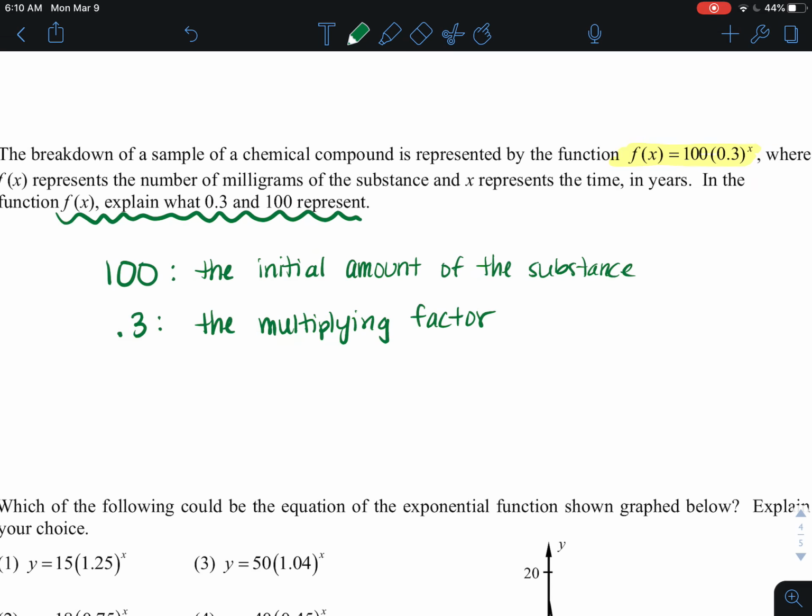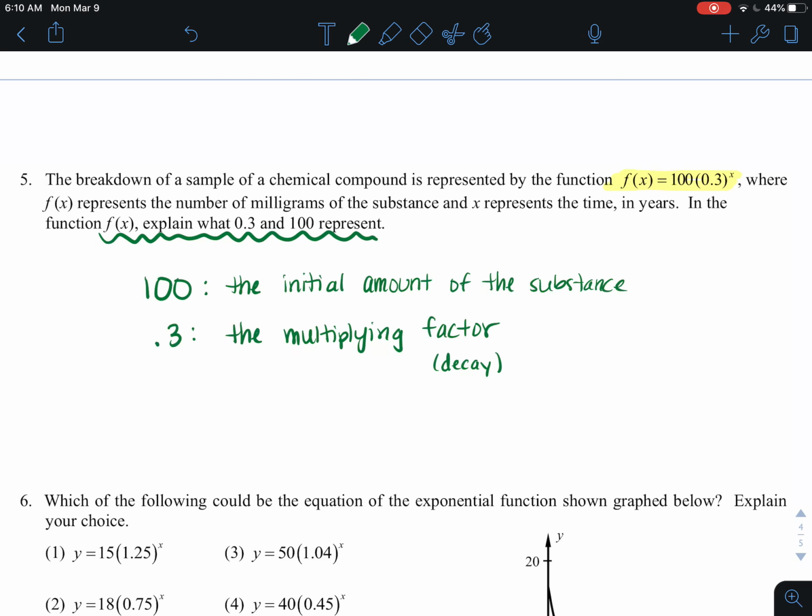And if I did ask, does this multiplying factor show growth or decay? It does show decay, so if you wanted to add that too, you could. That is how this substance is decaying. It tells us it's decaying because we see a number less than 1.